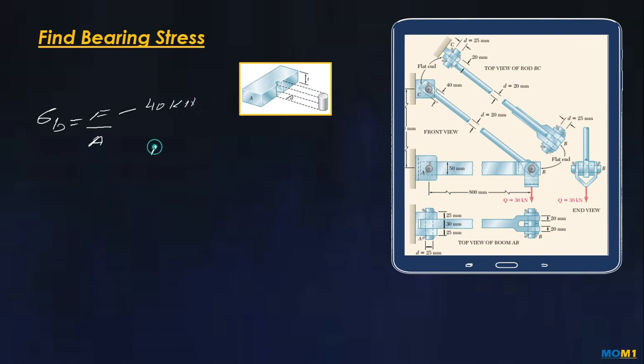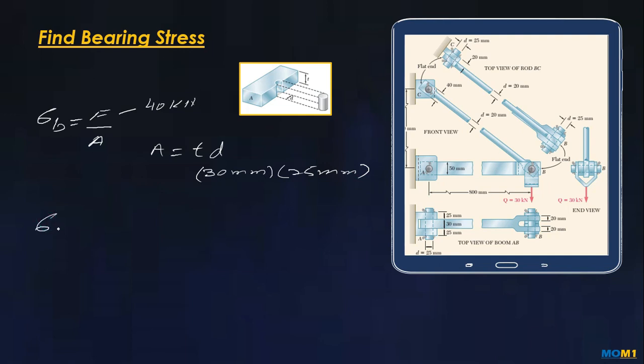and to calculate area we have to multiply this T with the diameter. So here the T is 30 millimeter, and the diameter is 25 millimeter.